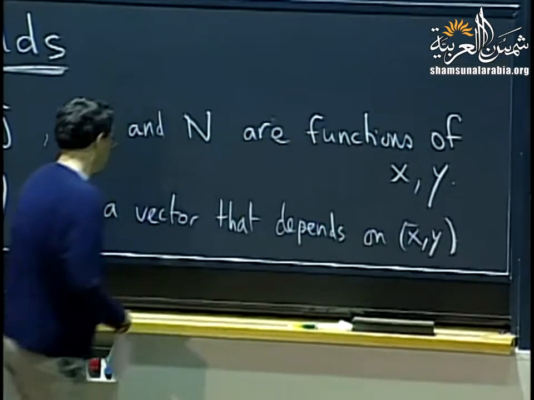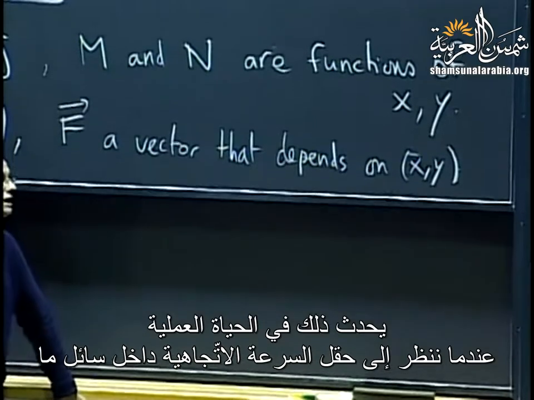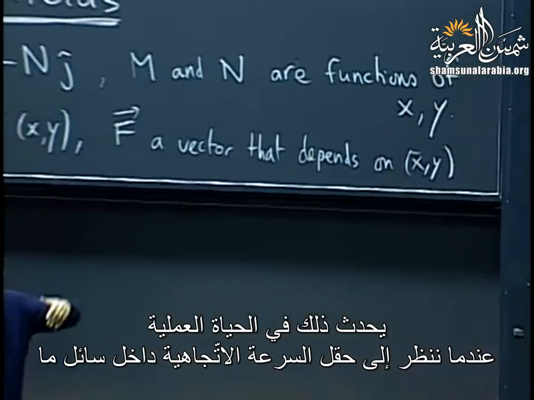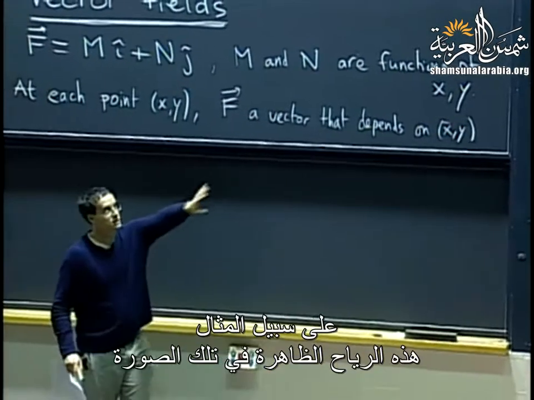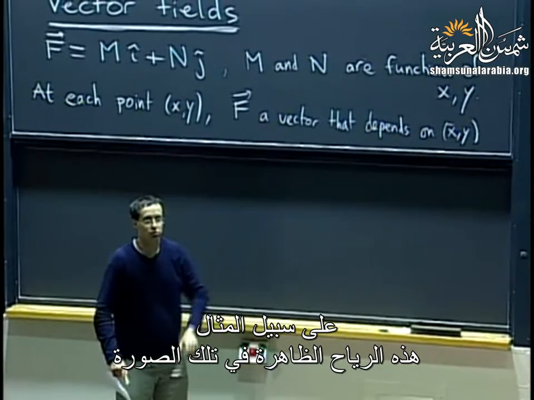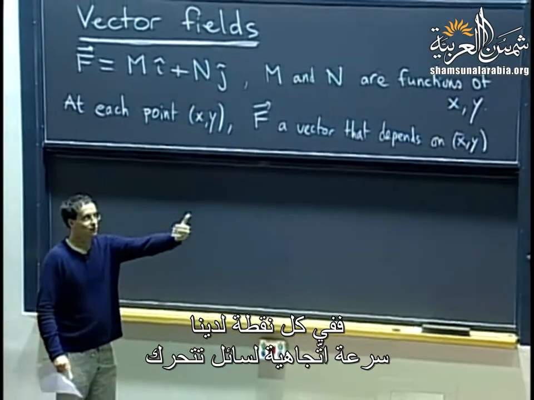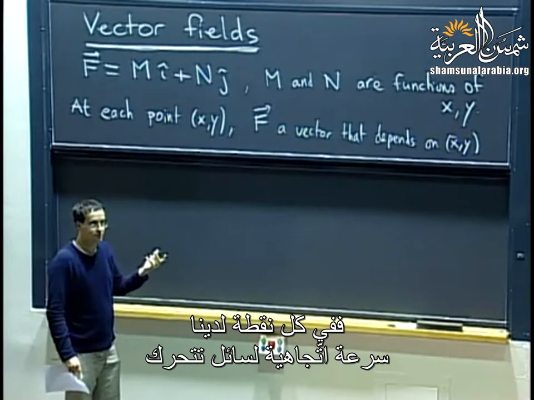So this occurs in real life when you look at velocity fields in a fluid. For example, the wind, that's what these pictures show. At every point, you have a velocity of a fluid that's moving.